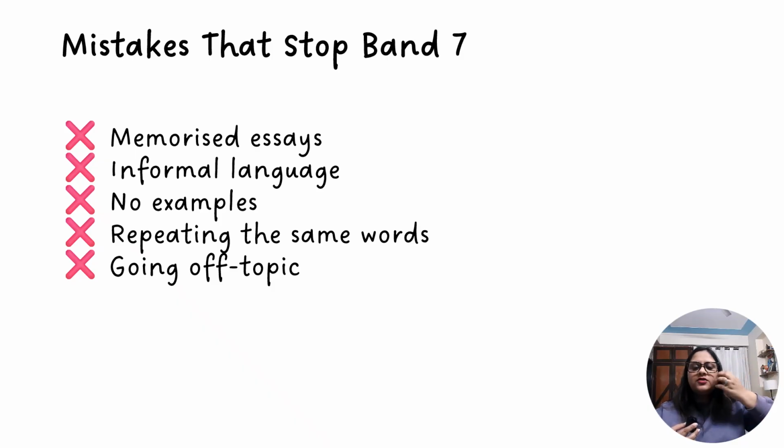So to avoid going off topic, plan your essay. Second is, keep going through your question again and again. If you're missing something, you will come across it. It should not be that you have read the question once, you have the image in your mind, and you say that you don't need to go through it again.